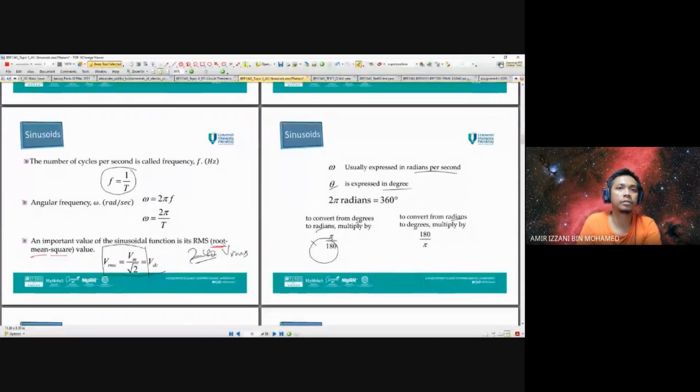So it's this one: the maximum, the peak, over √2. Just remember this one. What is RMS? And how to convert it back to the peak value if the RMS value is given? You can just multiply by the square root of 2. You will get the V max or the amplitude.